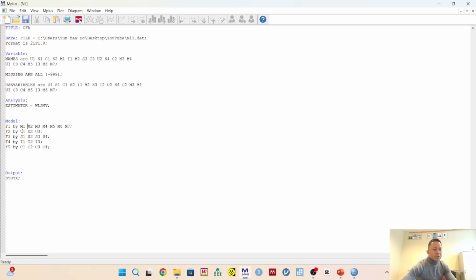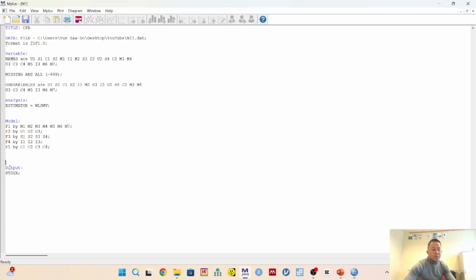F2 means U1, U2, U3. F3 means S1, S2, S3, S4. F4 means I1, I2, I3. F5 means C1, C2, C3, C4. All 21 items are in 5 different patterns.